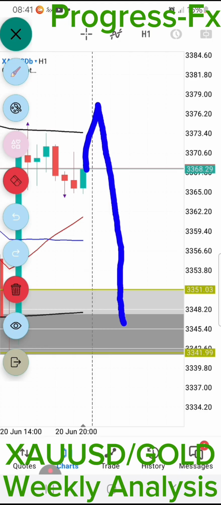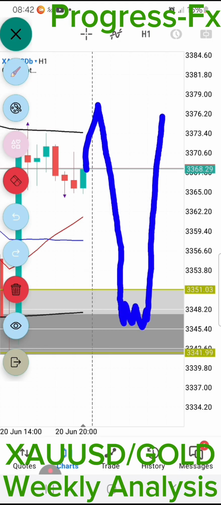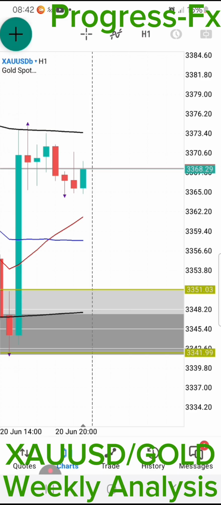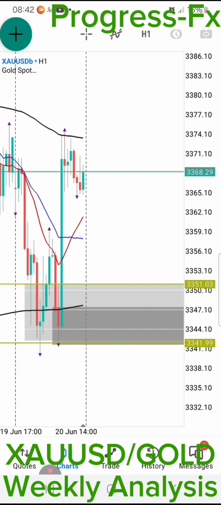Yeah, probably do this or spike off before trending back up. And this area is actually the strongest resistance area you are going to encounter this coming week. So take note of that.